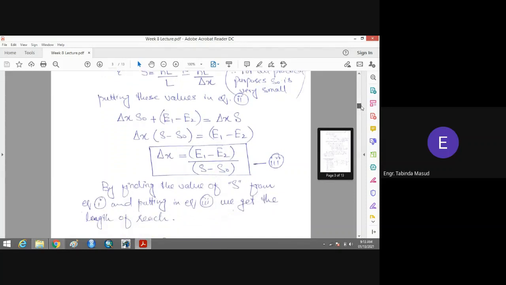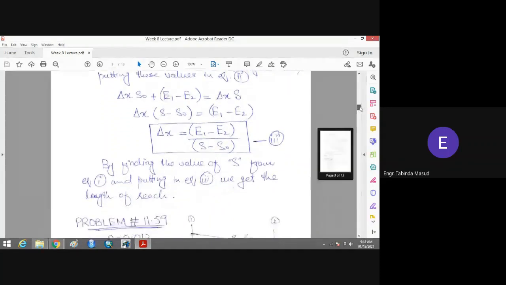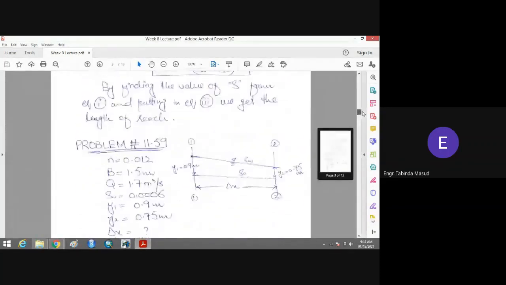And now, this is problem number 59 from your Franzini book. It is given that there is a rectangular channel for which the Manning roughness coefficient is 0.012, width of the channel is given, discharge is given, slope of the channel bed is given, and Y1 and Y2 are given.